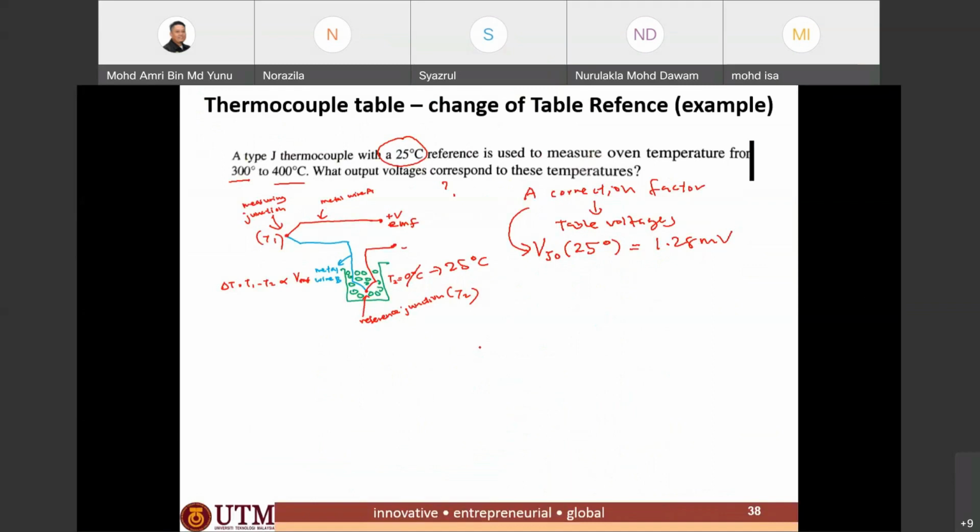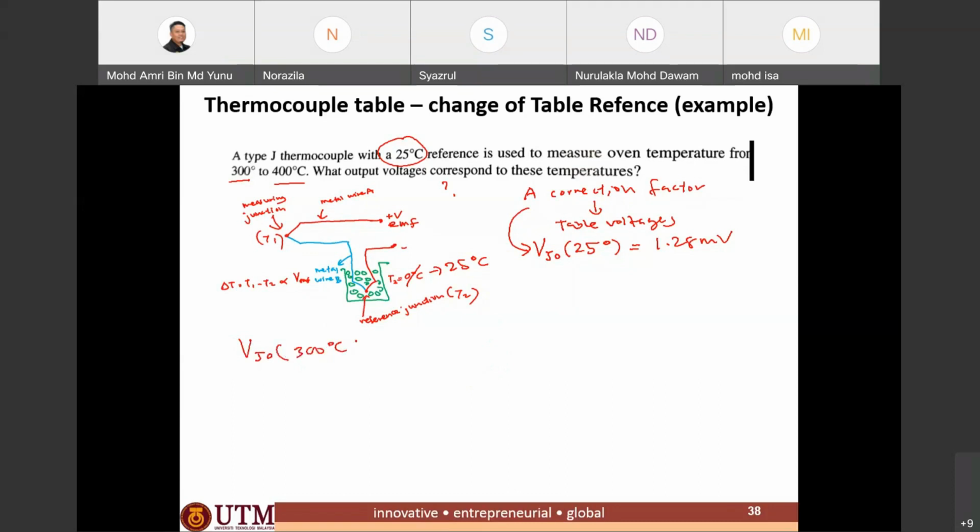From the table we now find the voltage for 300 and 400 degrees Celsius at 0, that is, the output if the reference junction is at 0 degrees Celsius.